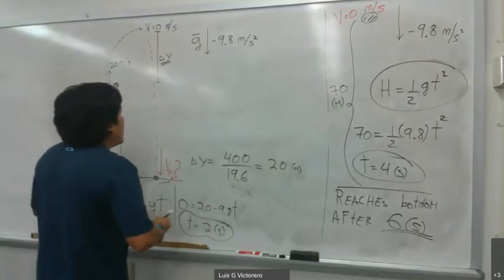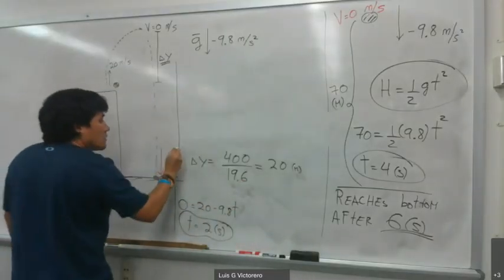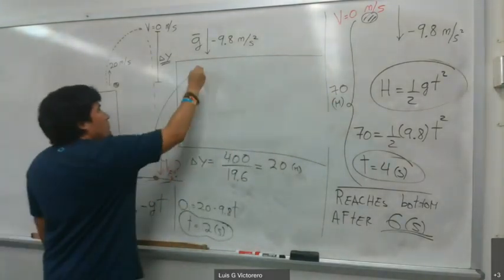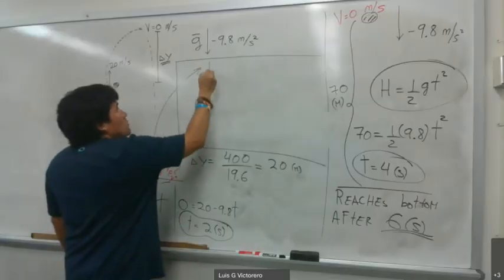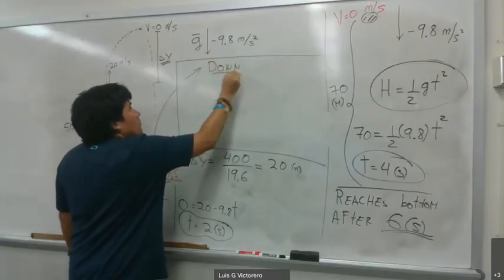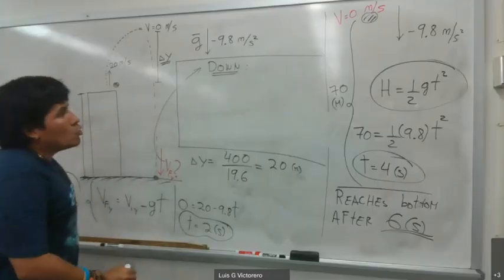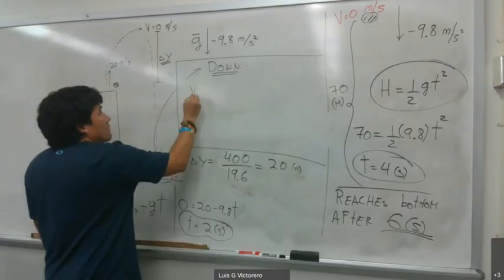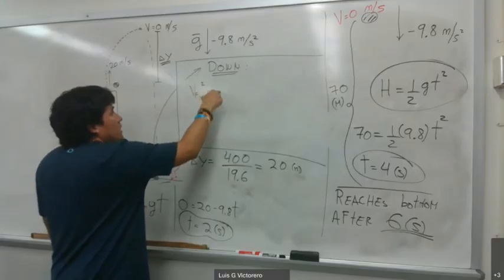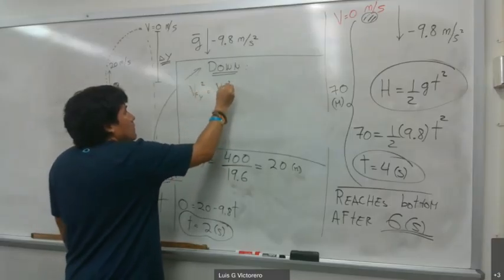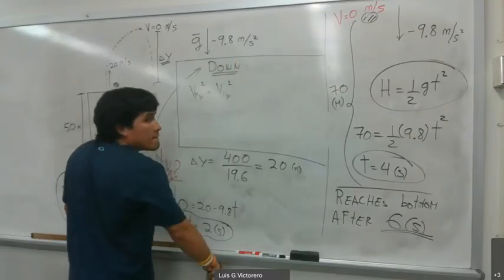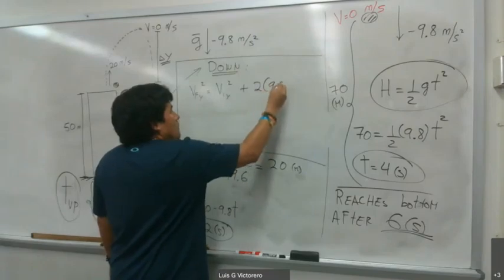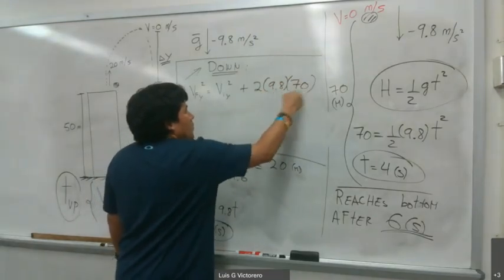So if I want to find this one here in the downward motion, you will use the final is the initial, which is 0 squared, plus delta y.